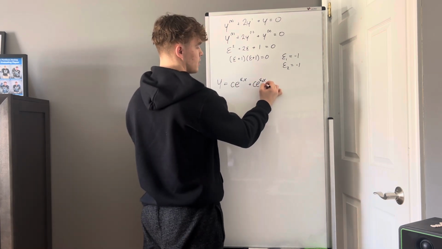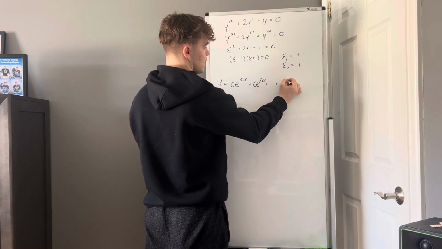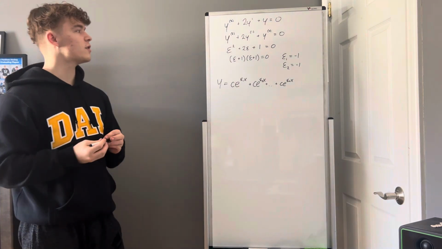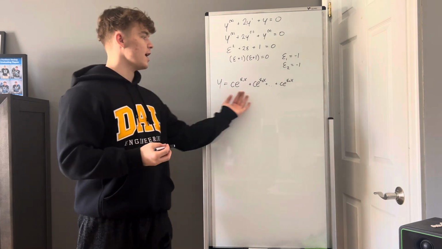See where we're going with this? Dot, dot, dot, plus c e to the epsilon n x. Which basically means if we solved this polynomial and got 8 different values for epsilon, we'd have 8 terms here.